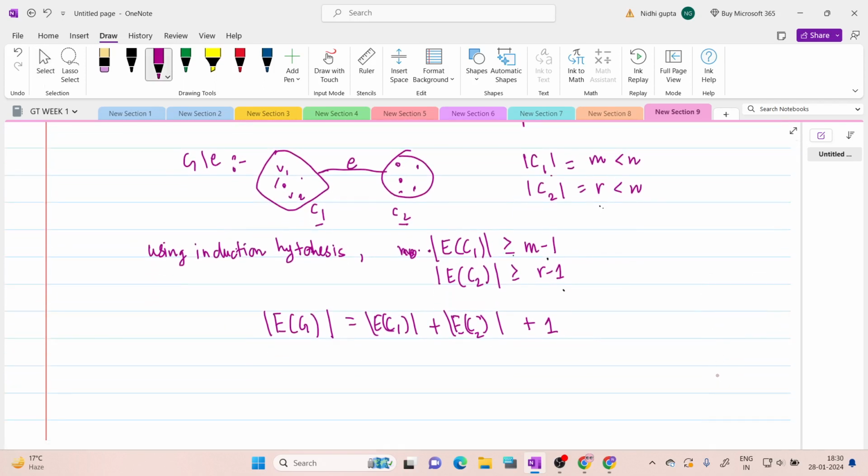So this will be greater than or equal to M minus 1 plus R minus 1 plus 1, which is equal to M plus R minus 1.